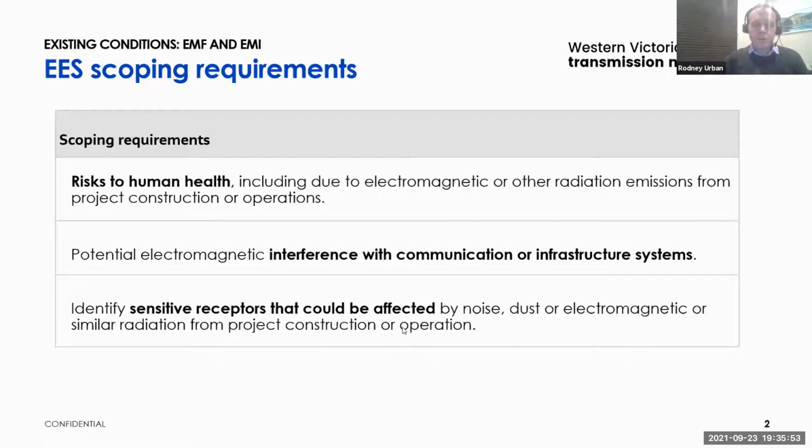Then also the potential impacts on interference to communications and infrastructure systems. And then the third requirement is to investigate sensitive receptors. So these are particularly sensitive receivers that could be affected by electromagnetic emissions from the project.